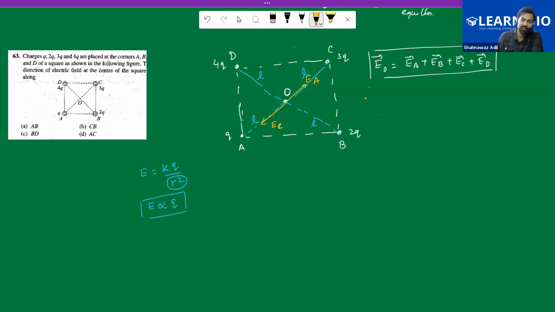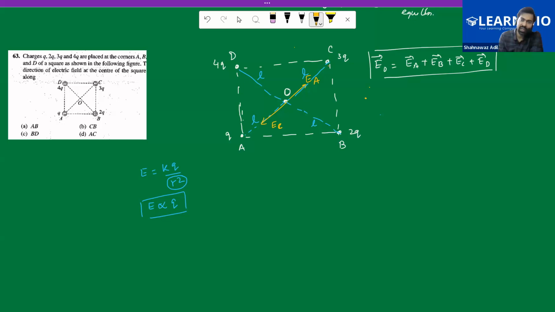Yes. EC has 3Q charge, right? We are talking about individual charges, so we are not considering D and B. If I want to find the electric field due to this Q charge at this O point, that would be EA only in this direction.